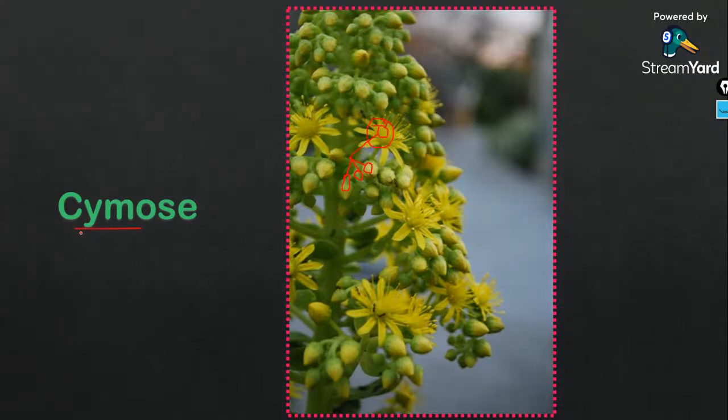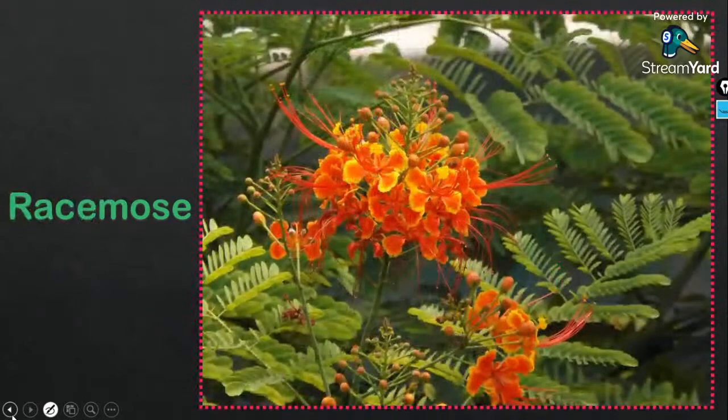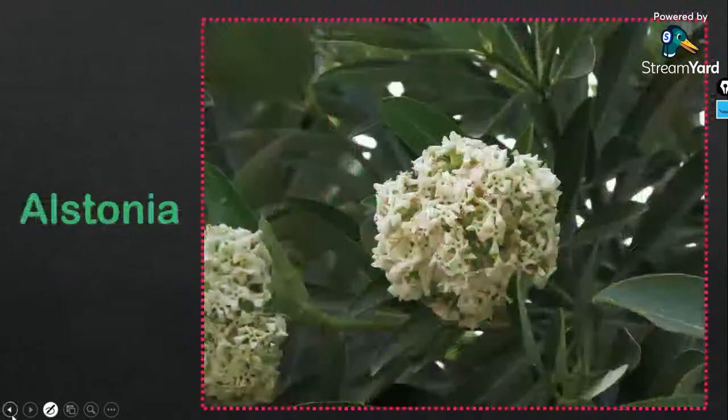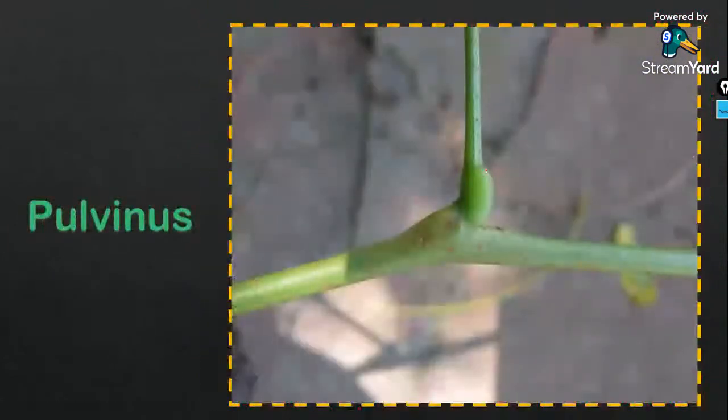So this type of arrangement, that is basipetal. A basipetal arrangement of flowers, you will call them cymose inflorescence. Done, everybody? So I have shown you the images to make you clear about the cymose inflorescence, then about the racemose inflorescence, Alstonia, and the pulvinus.